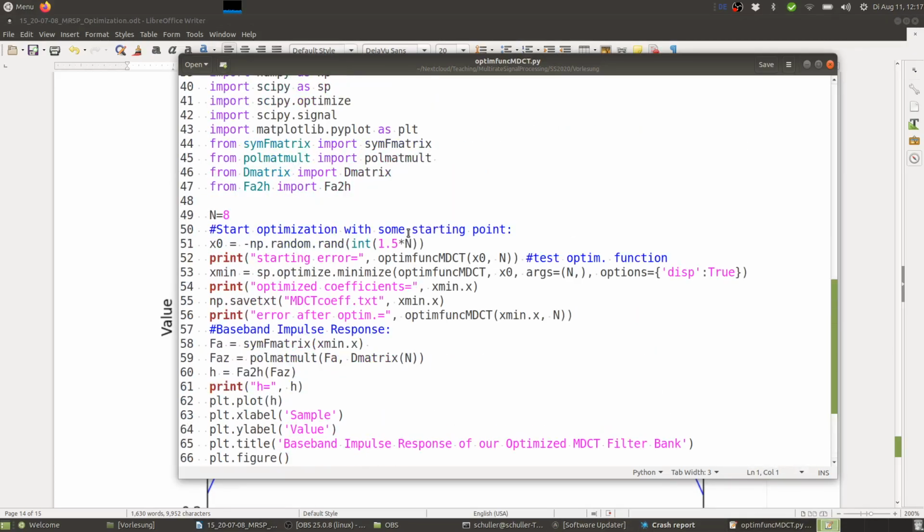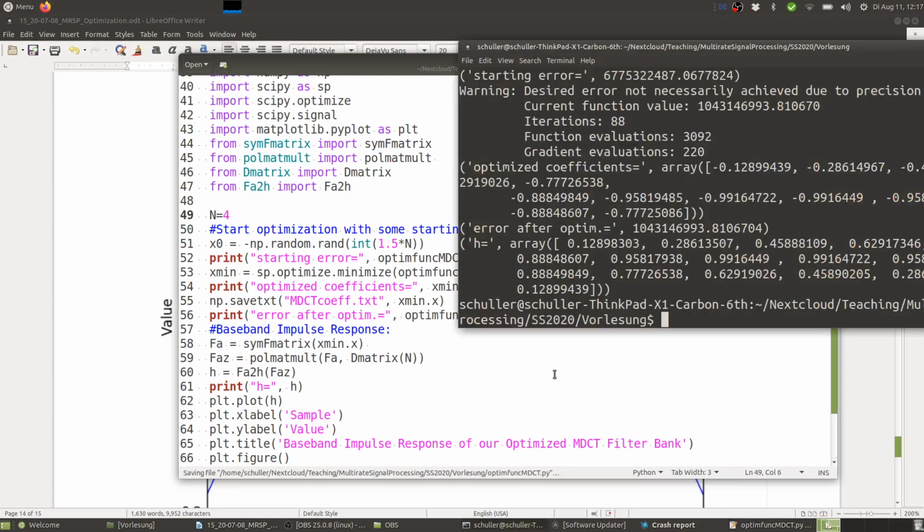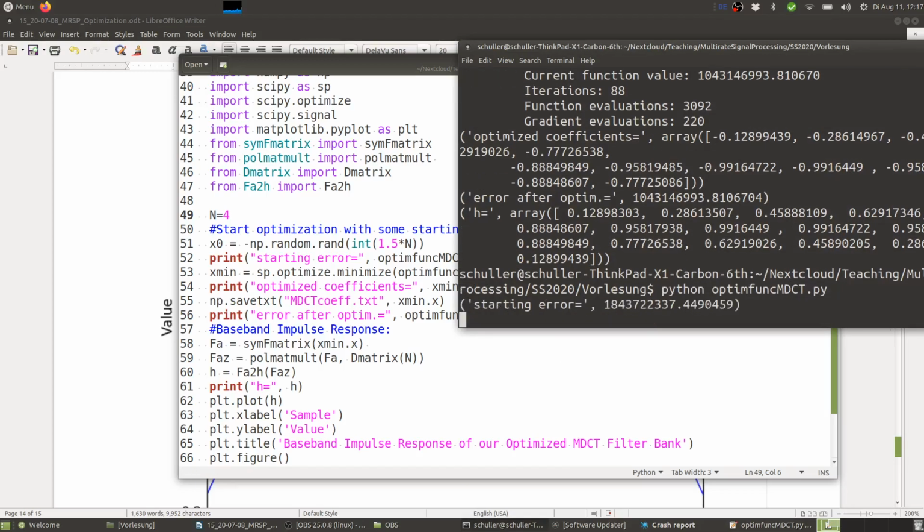Maybe you can also try it here using n equals 4. So save it. And now do the same thing. And we have a starting error. And it's again somewhat busy here.